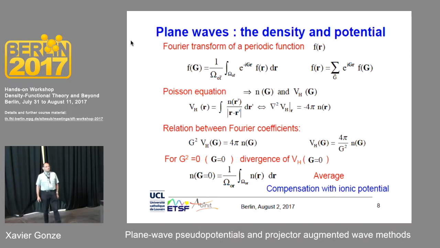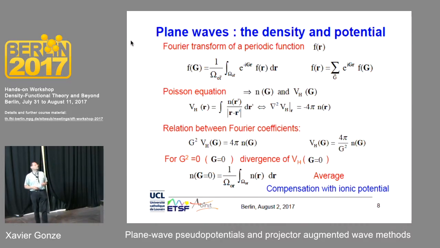As mentioned previously by Sergei, there is a problem with the g equal to 0 component, which connects to the homogeneous charge density, the average of the charge density. If this n of g equal to 0 does not vanish, then the potential diverges.